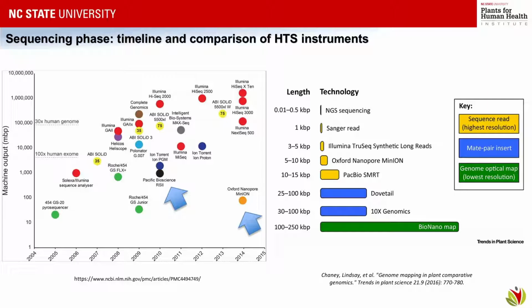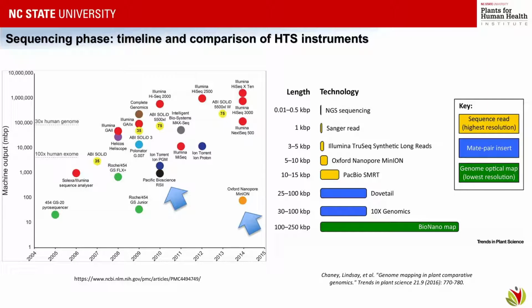The NGS technology was really a breakthrough at that time, and people are still using it. The length of the sequence varies from a couple of 10 bases to 150, a little bit more or less. The Sanger sequencing is around a couple of 100 bases to 1 kb.